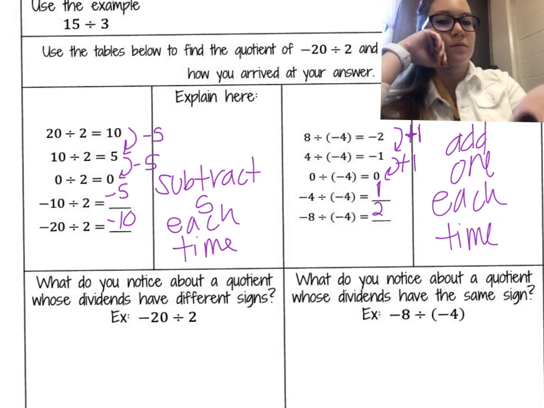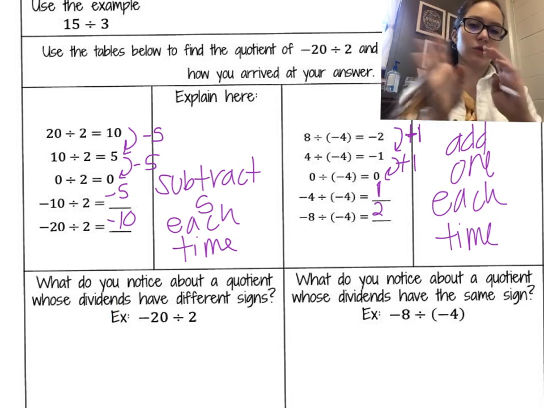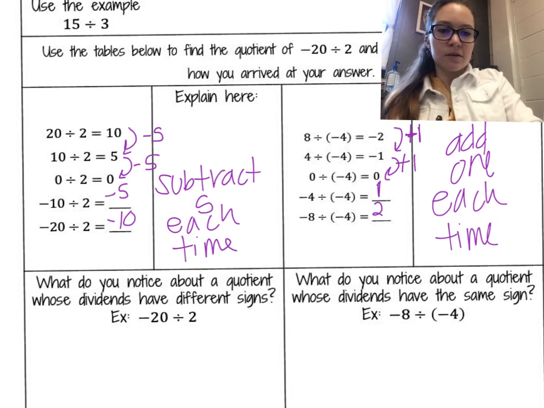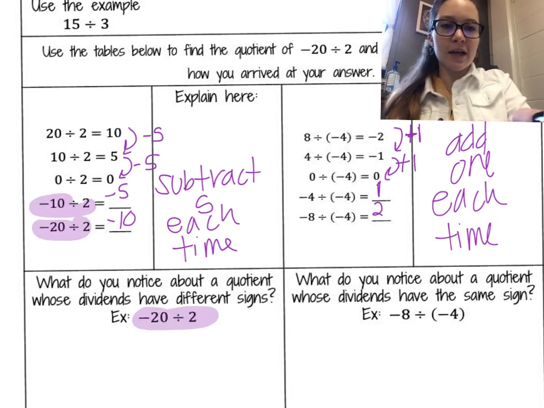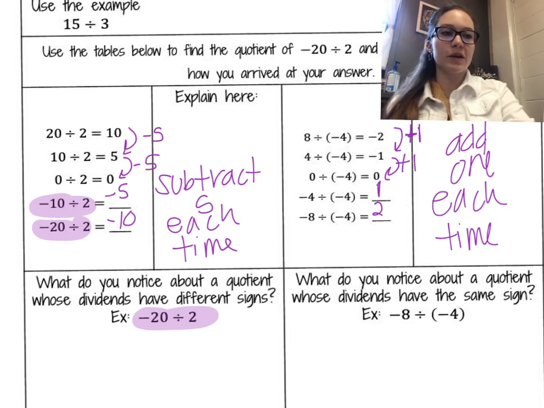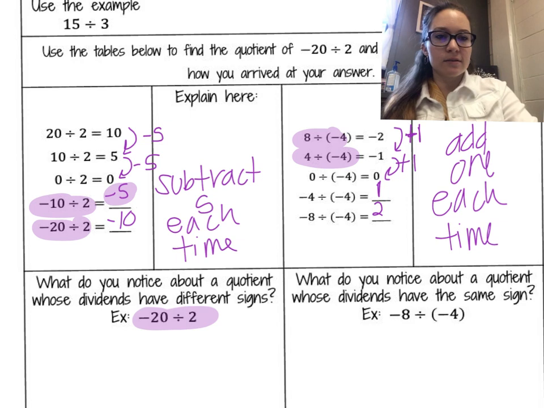Okay, so what do you notice about a quotient whose dividends, so the numbers you're dividing, have different signs? Like negative 20 divided by 2. Or negative 10 divided by 2. They were different. Or even on the other table, we have a positive divided by a negative. Okay? What was their outcome? Was it positive or was it negative? I see that it is negative.